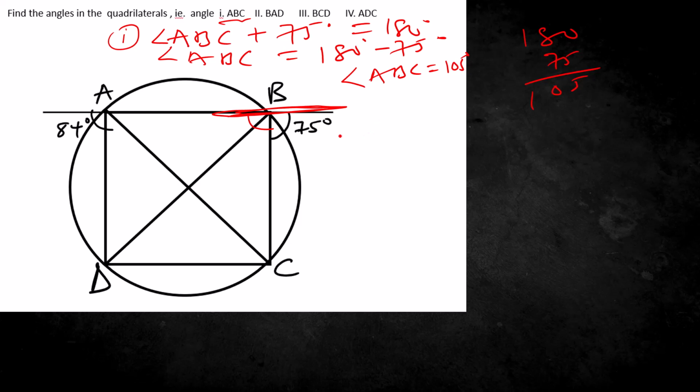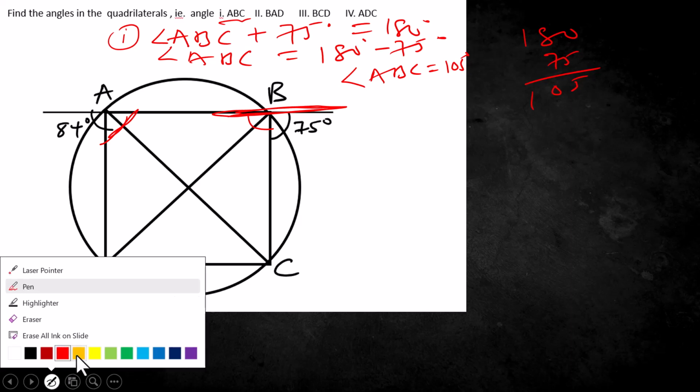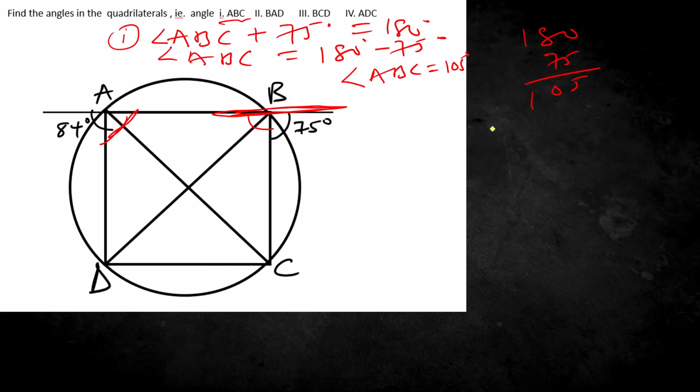Now let's go to BAD. BA is this side. Same format, same formula. Angle BAD plus 84 give us 180.